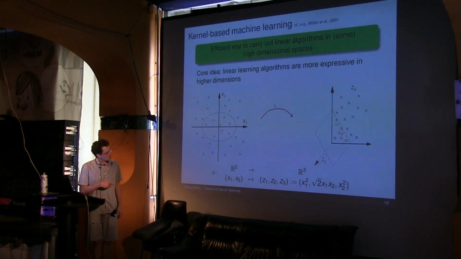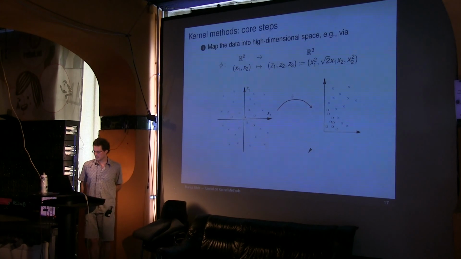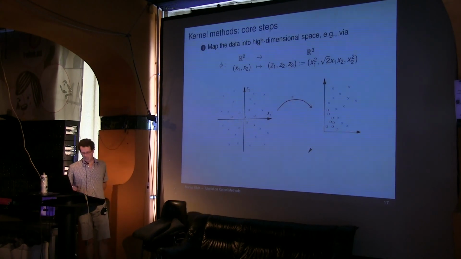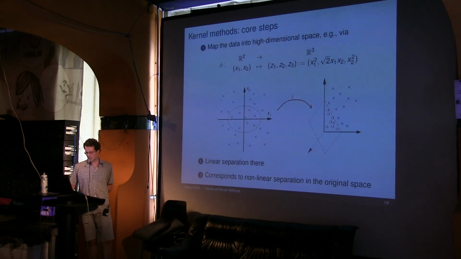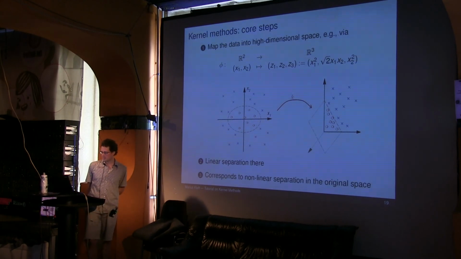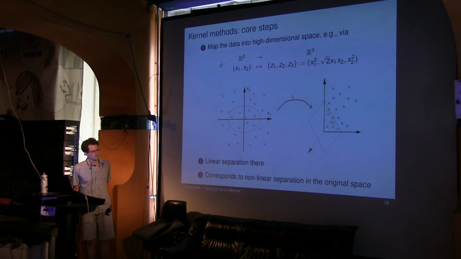Kernel-based machine learning is a way to do this in a principled manner, finding a good coordinate system. Essentially, it would be the following three steps: you project the data into a higher-dimensional space where it can be linearly separated, perform the separation there, and then this corresponds to a nonlinear separation in the original space.